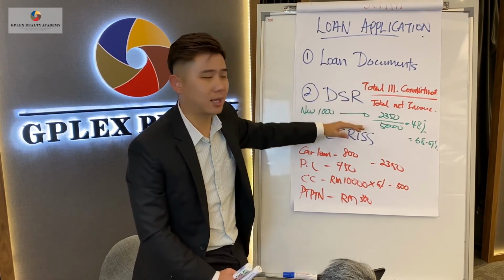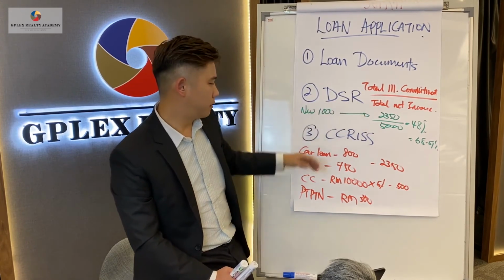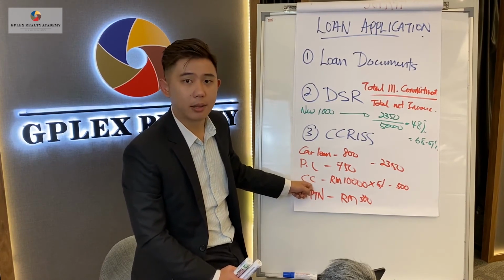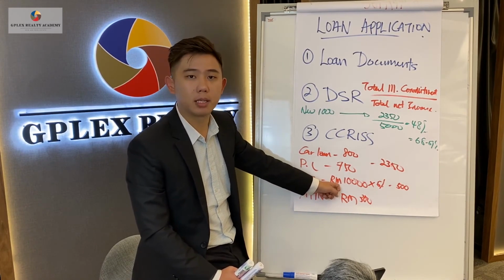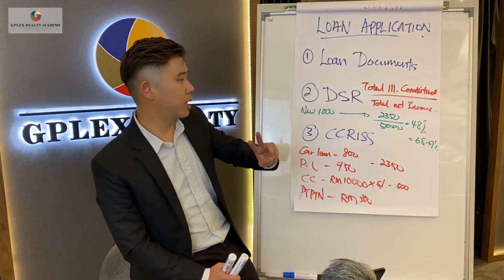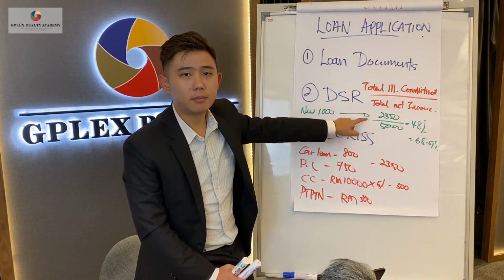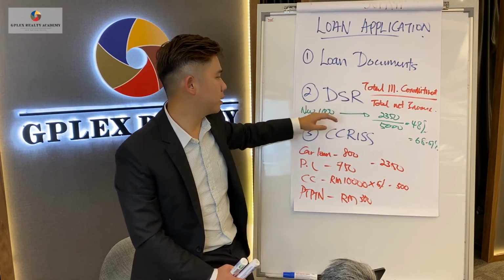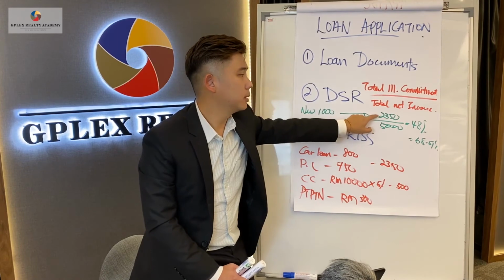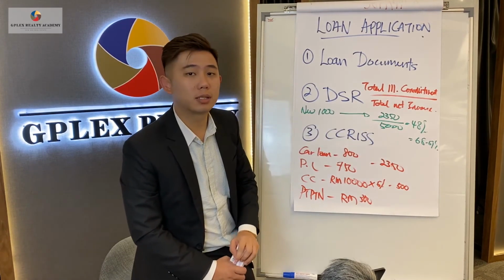Let's say your customer bursts the DSR. What can you do here? First thing, you can ask your customer to reduce the credit card outstanding balance now, so that they can reduce the monthly commitment. Second thing, ask your customer to add a joint purchaser, so that the new commitment is reduced and your DSR will not be so high.